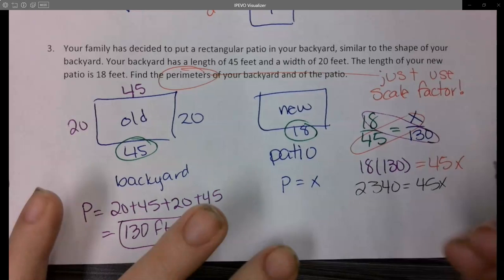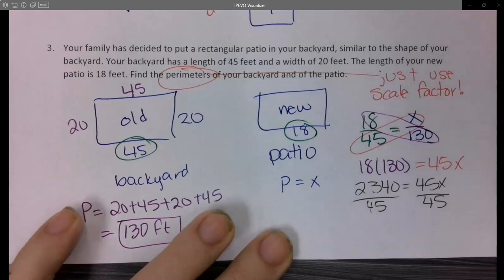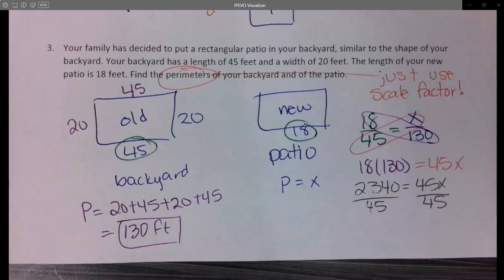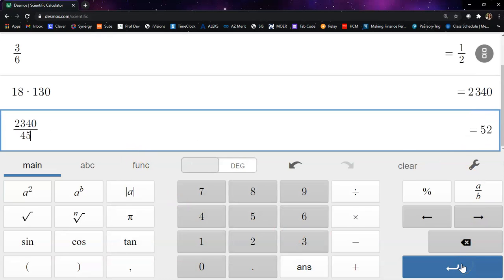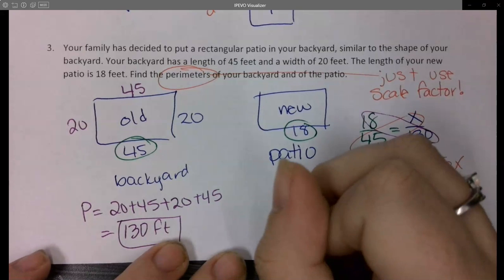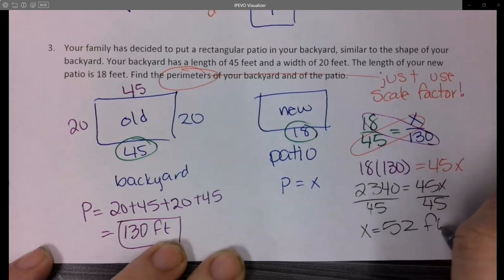Then I want to divide both sides by 45. So I want to type that into Desmos, which gets me 52. So this one is also in feet.